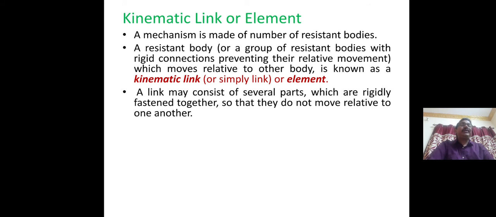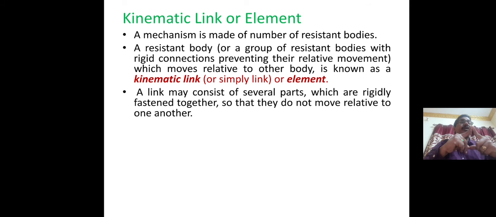Now, a link may consist of several parts which are rigidly fastened together. Suppose we are joining like this. This can be treated as one link because relative motion does not exist between these components.